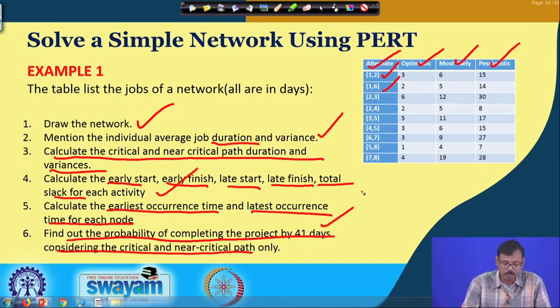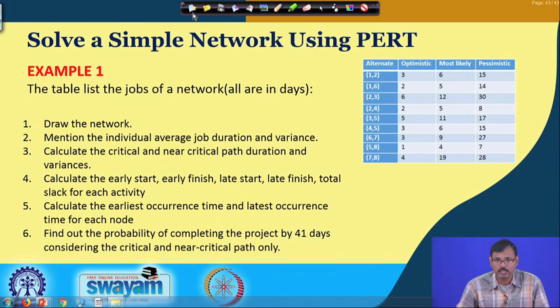So, in this case also we consider such a case where the critical path and near critical path are not interdependent. That means these paths are completely different, and that is why again we can go for analyzing the probability of completion of the job in consideration of the critical and near critical path. So, now let us solve this problem.